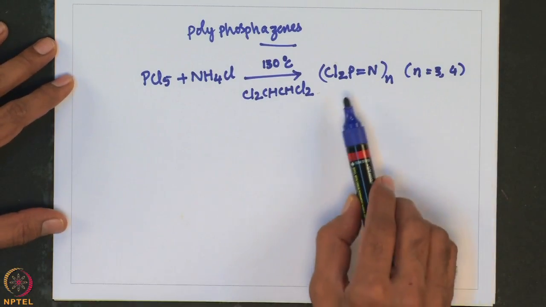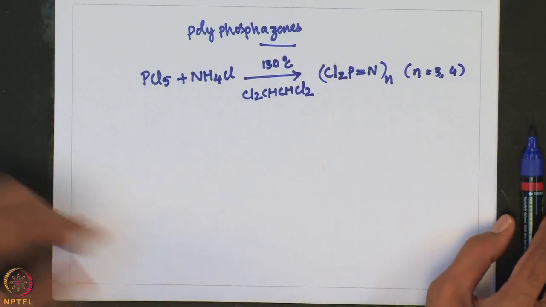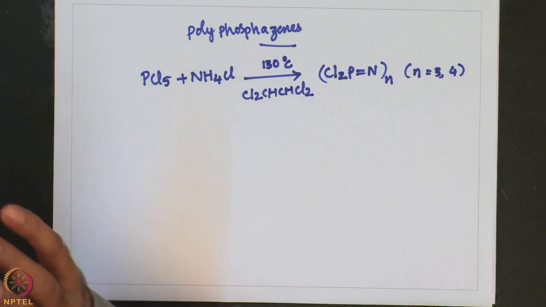The cyclic trimer, I will be showing the structure later, has a planar 6-membered ring structure. In both the cyclic trimer and tetramer, the PN bonds are all the same, indicating that delocalized pi bonding occurs between the filled N 2p pi orbitals and the empty acceptor orbitals on the phosphorus atom.